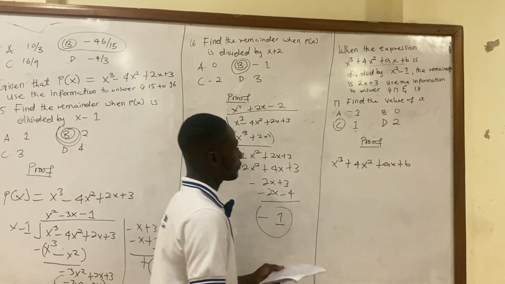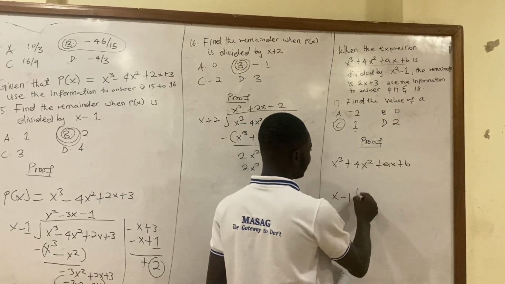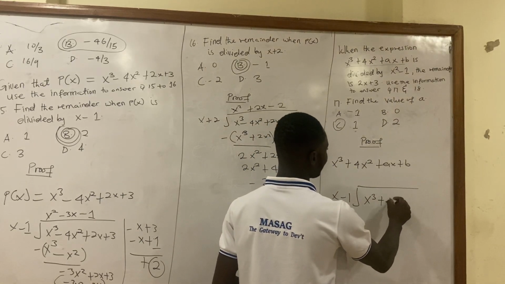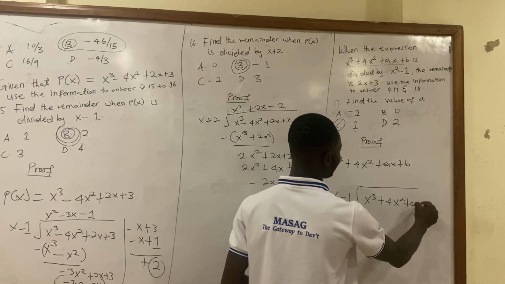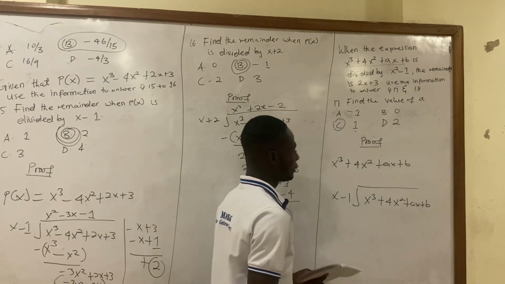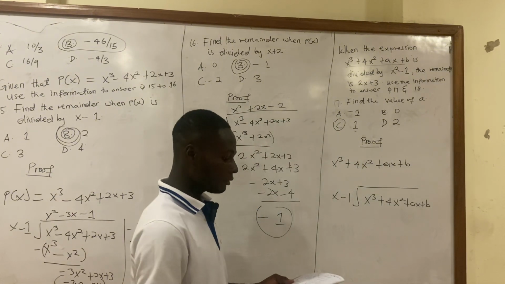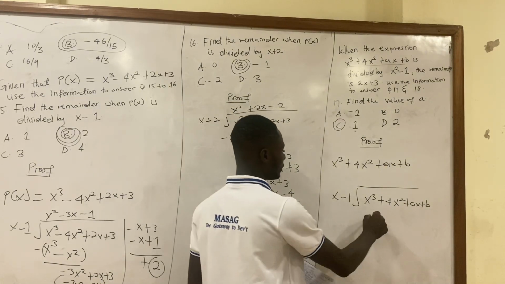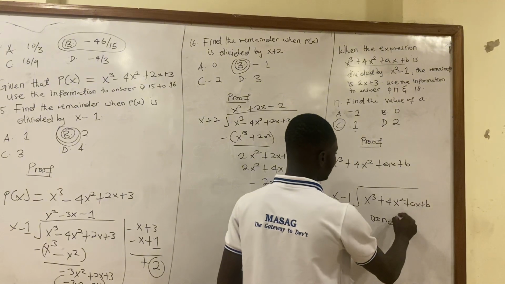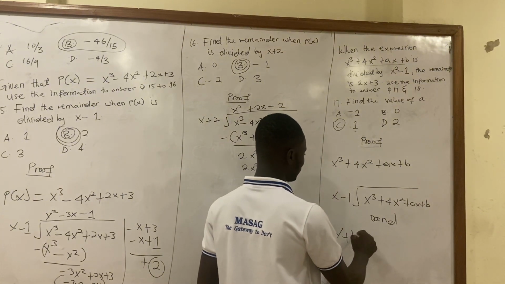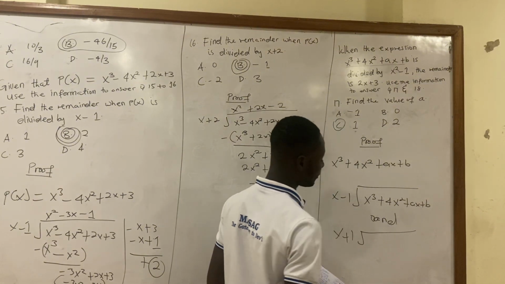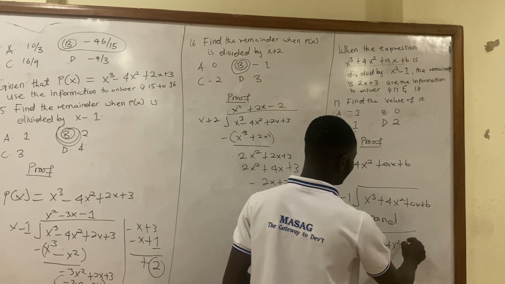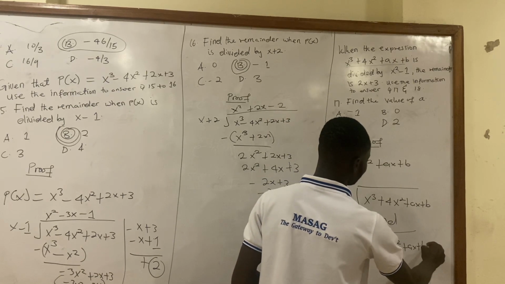So x minus 1, then you have x cubed plus 4x squared plus ax plus b. Alright, you do this, and then you do that of x plus 1 with the same equation, x cubed plus 4x squared plus ax plus b.